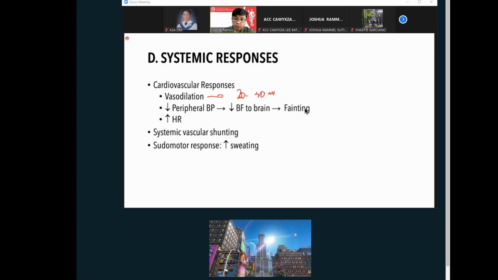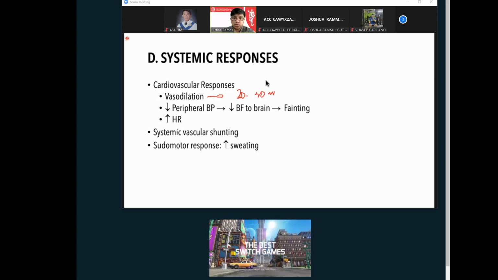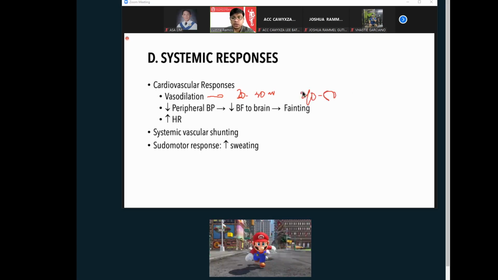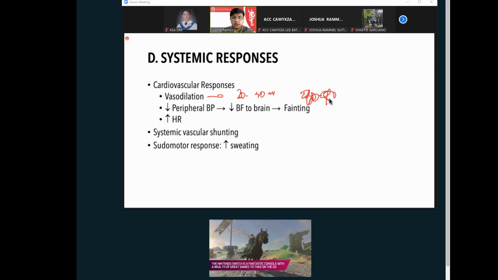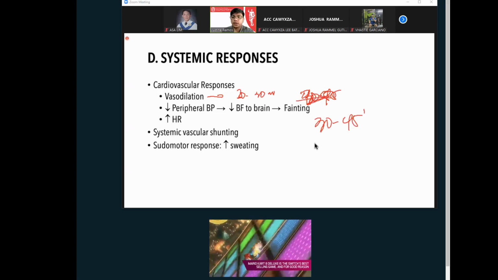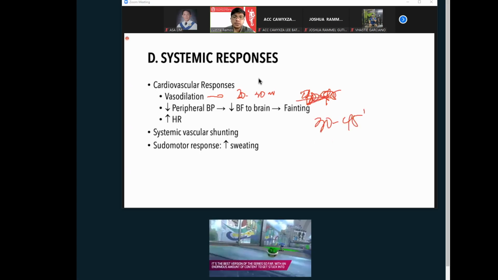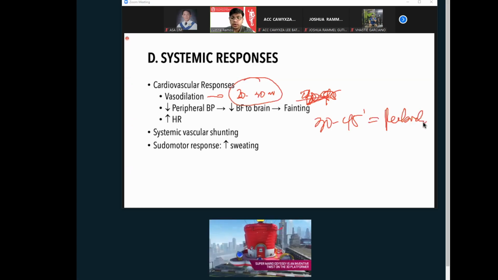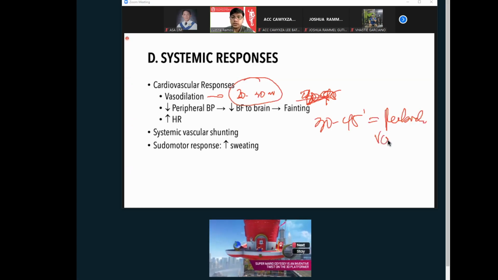So what would happen? The blood vessel will try to respond through a vasoconstriction. At 30 to 45 minutes of application, beyond the maximum vasodilatory effect, what would happen is what you call your rebound vasoconstriction.